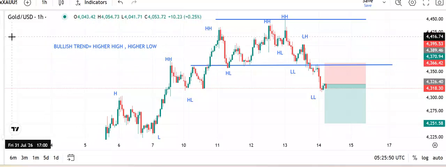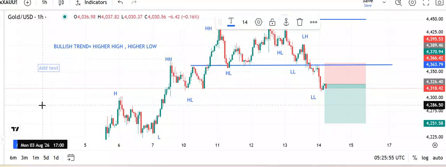So the first thing, look for initial trend. Look out or identify initial trend, right?